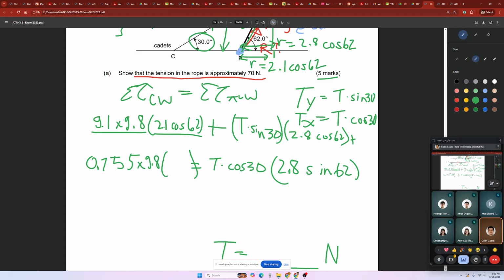So 4.2 times cosine 62. Okay, there we go. So we need to add that into your equation on the left hand side, if you will.